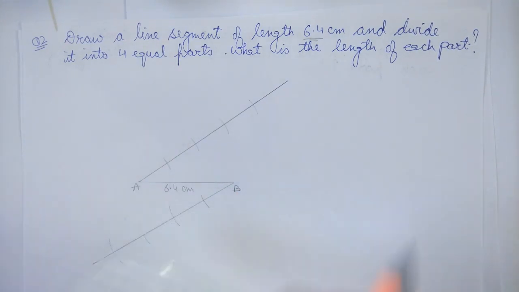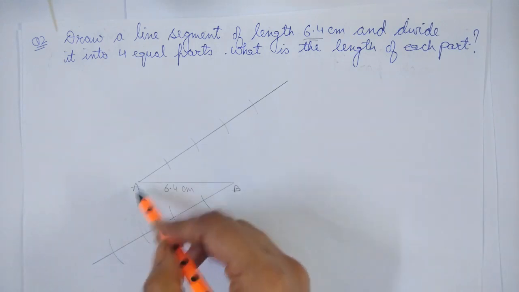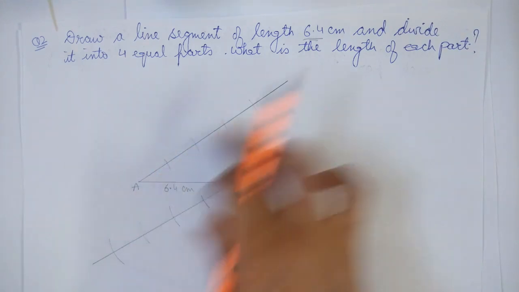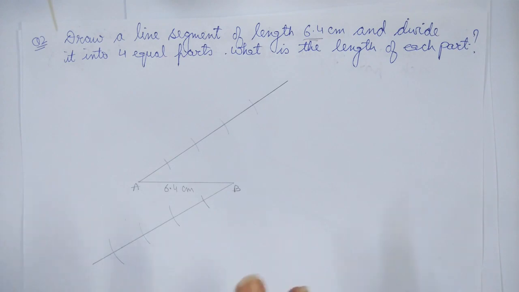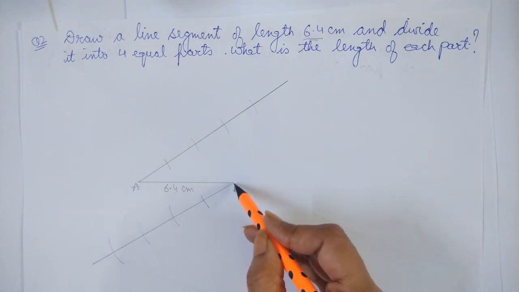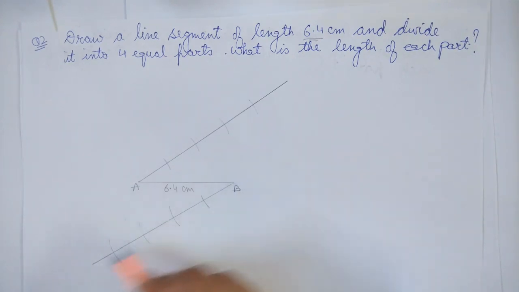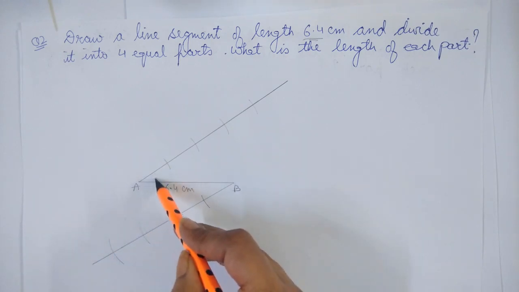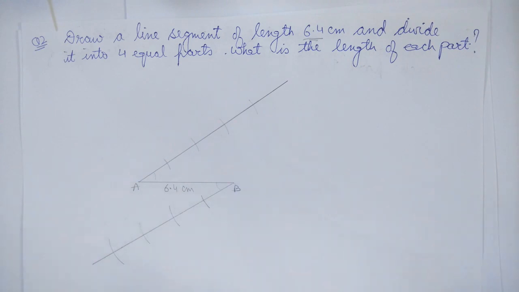Now same procedure, from point A you will draw one acute angle less than 90 degree. Same way from the point B on the lower side you will draw one more acute angle, but remember both acute angles should be of same degree.